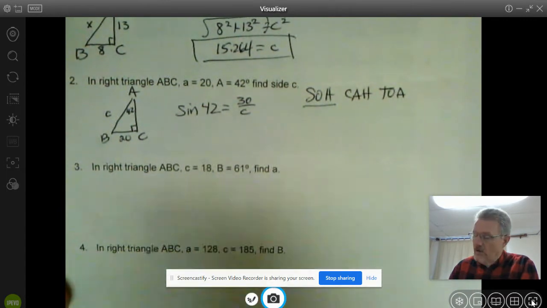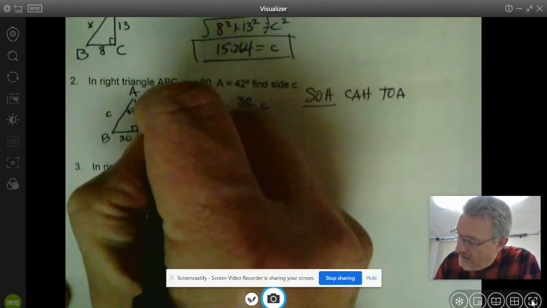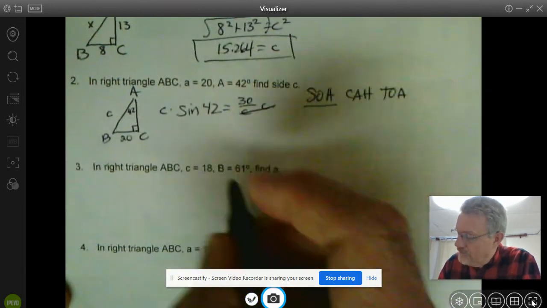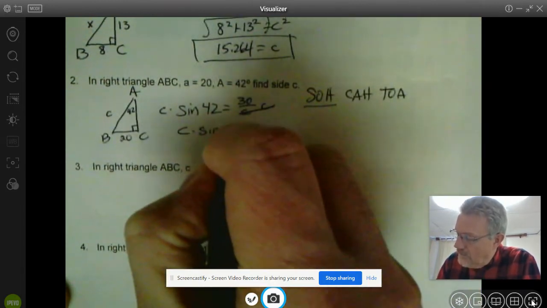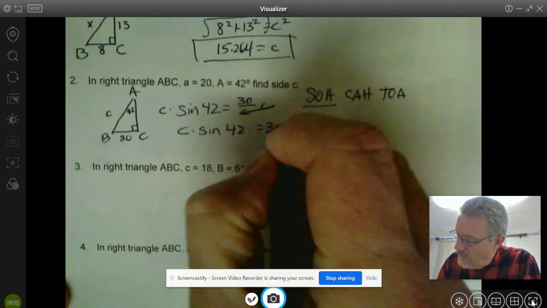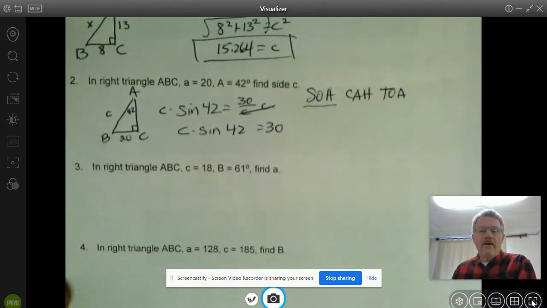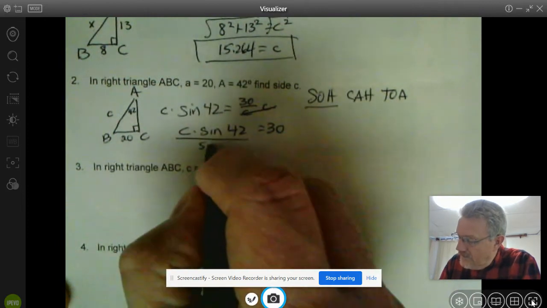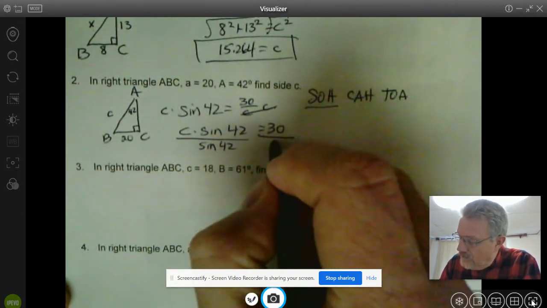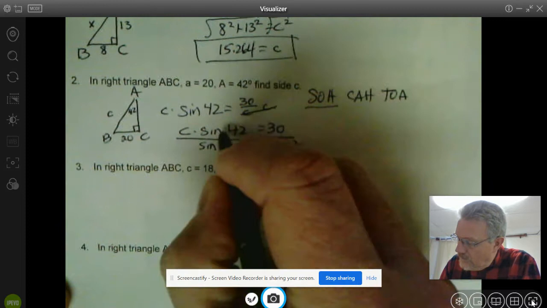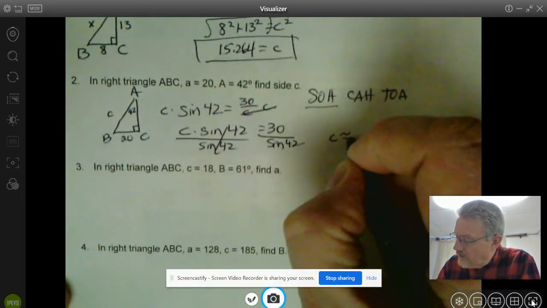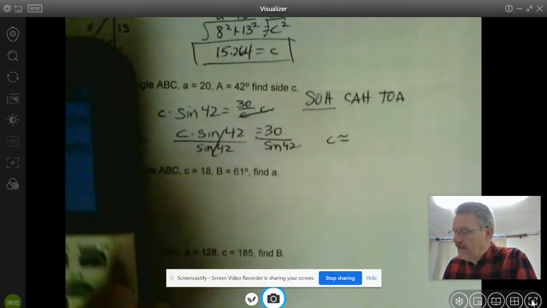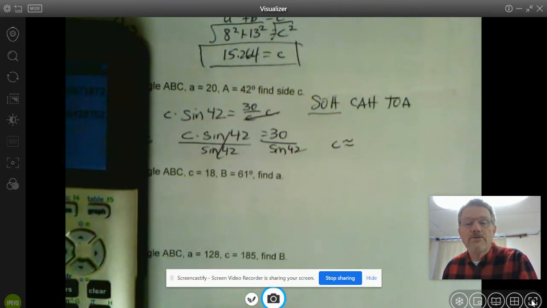Now to get rid of a fraction, I multiply by the denominator. I want to get c by itself. I've got multiplication, so I'm going to divide by sine of 42. We're going to get an answer in decimal form, I'm sure.